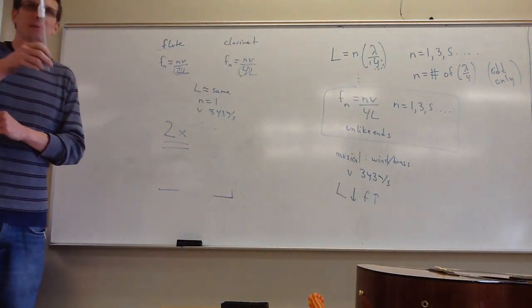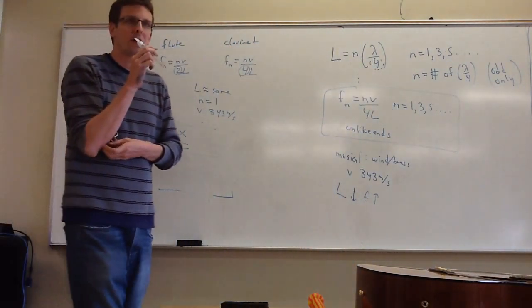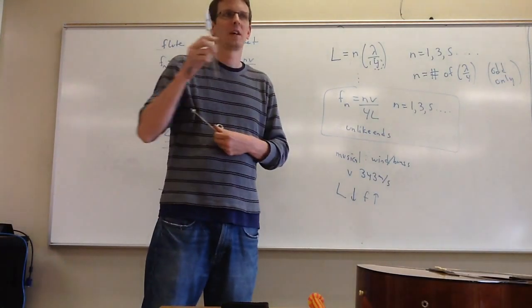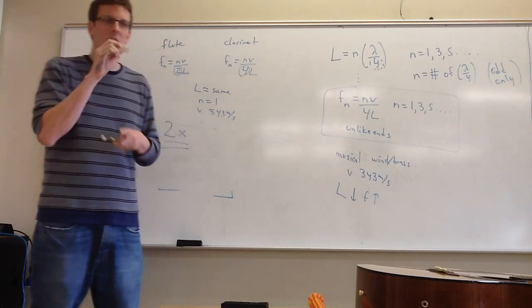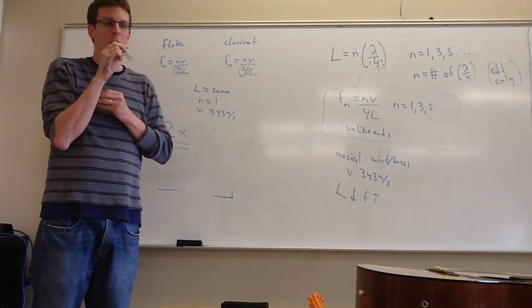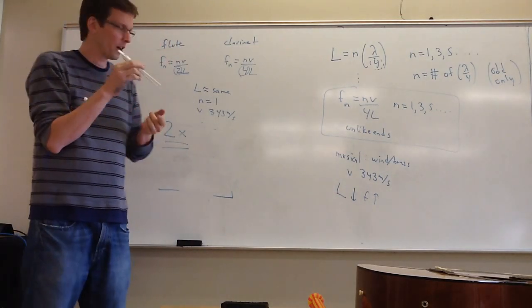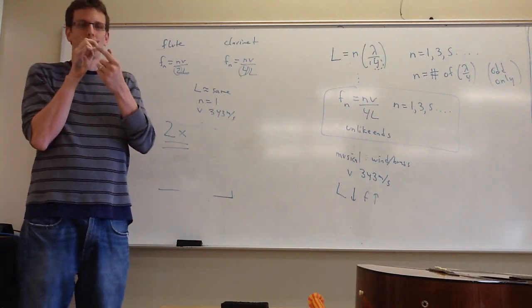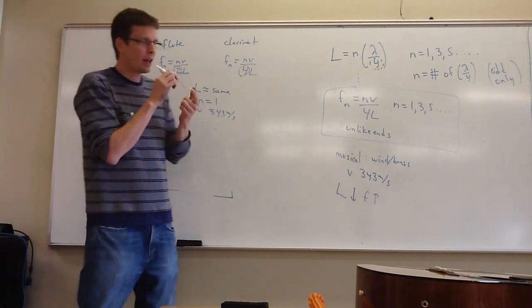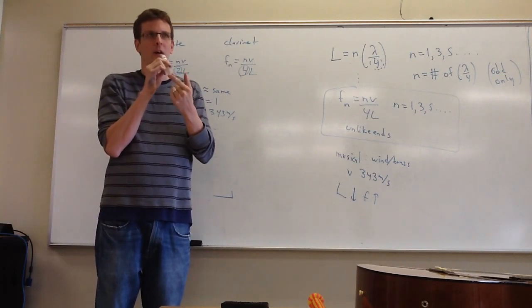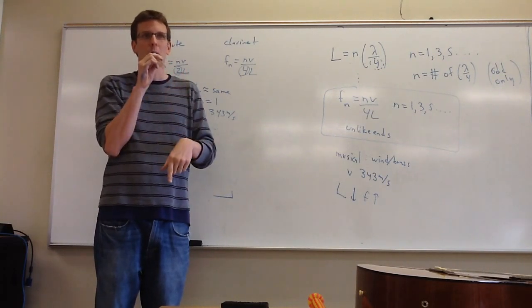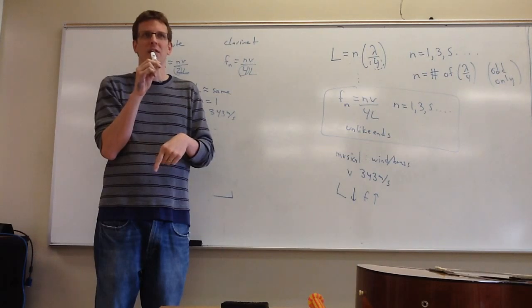If you don't believe me, let me try it here. So I play this. Okay, that's with the unlike ends. One end is open, one end is closed. Then I'll plug this up. Oh, sorry, I did it the wrong way. So this is the clarinet. This is the flute. It's about an octave, right?